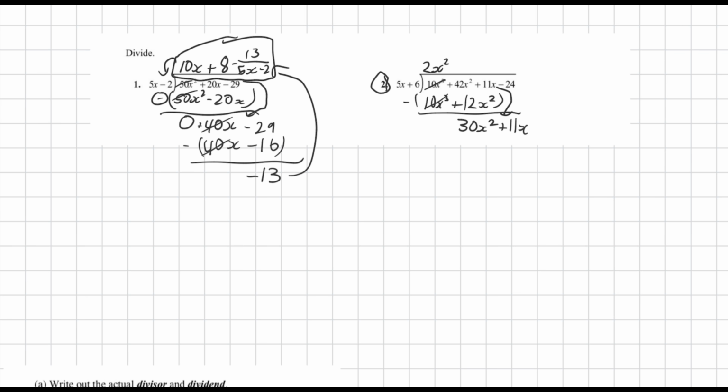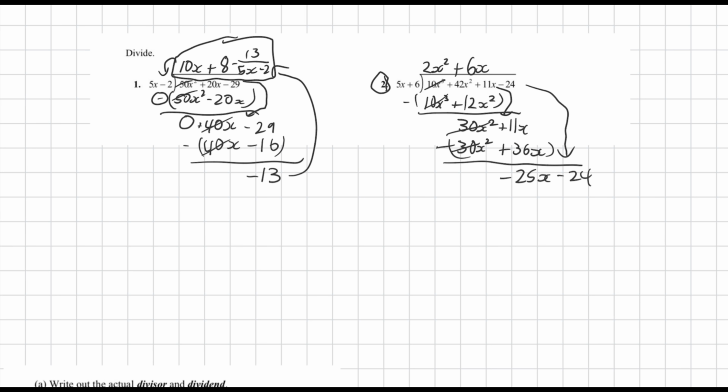So 5x goes into 30x squared, 6x times. 6x times 5x is 30x squared, and 6x times 6 is 36x. Times this by a negative. These cancel out. 11x take away 36x is going to be negative 25x. And then we take down the 24.